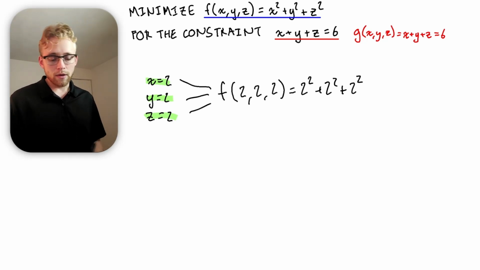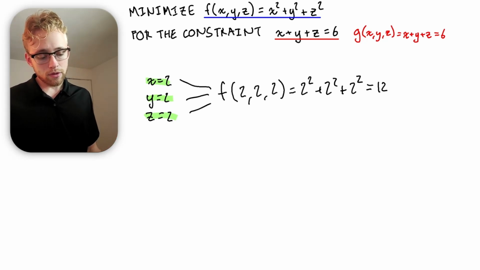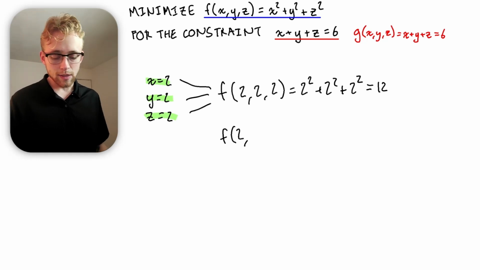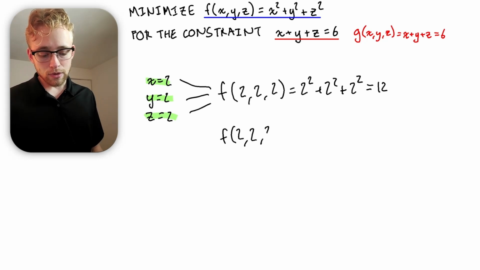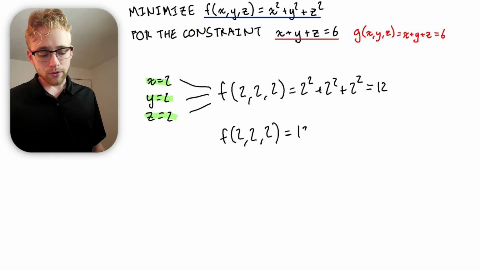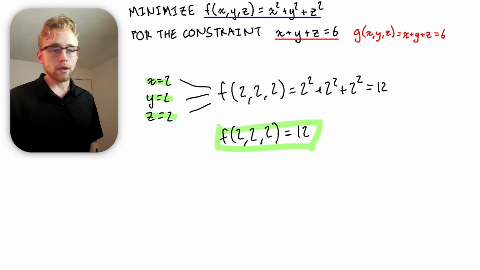Great. That's 4 plus 4 plus 4, which is equal to 12. And that is your answer. The minimum of the intersection of these two functions takes place at 2, 2, 2, and it's equal to 12. And that's the answer.